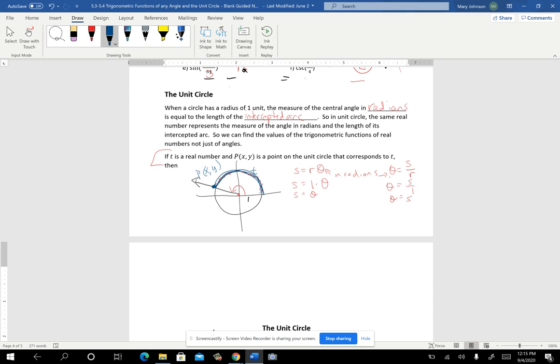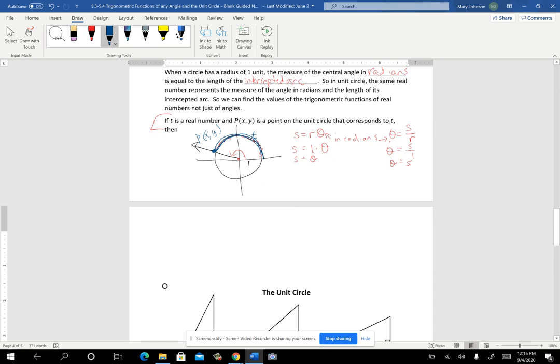So you don't really have to think about the terminal side or think of things in terms of an angle. We're going to then talk about the sine, the cosine, and the tangent of this real number t.